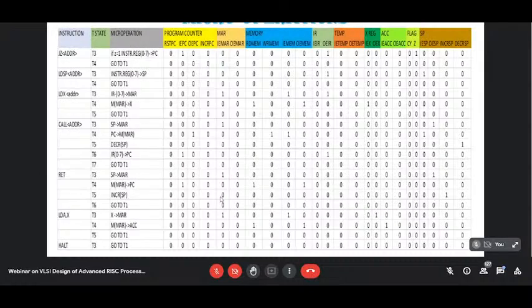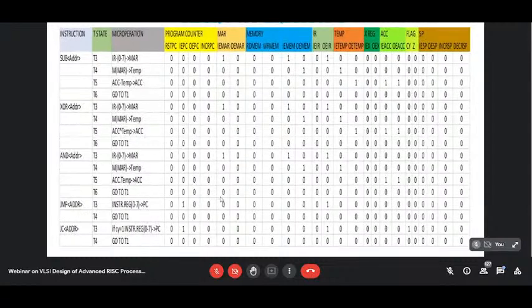Have you noticed one thing? Let's consider, here, T3, and the instruction is, let's assume, the SUB instruction, and time is T3, IE of MAR is 1. So you find out for which cases IE of MAR is 1. Number 1, if the time is T3 and the instruction is SUB, then IE of MAR is 1.